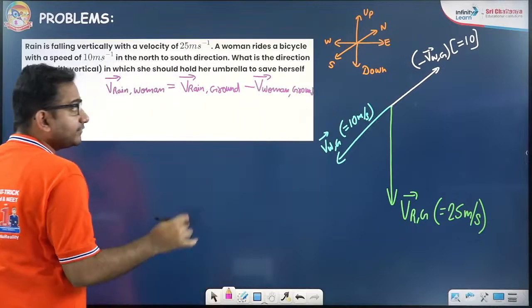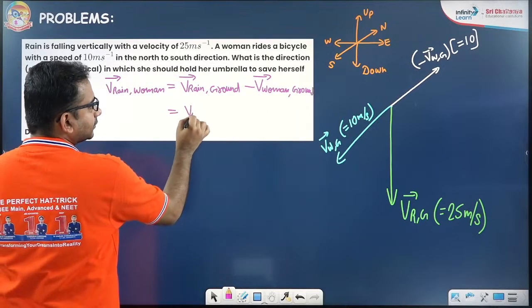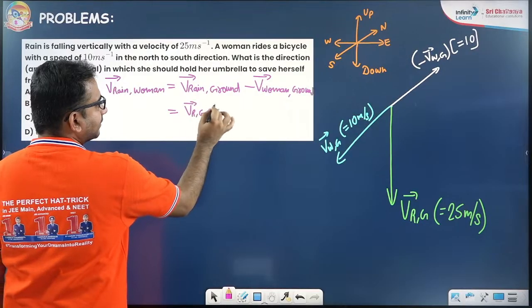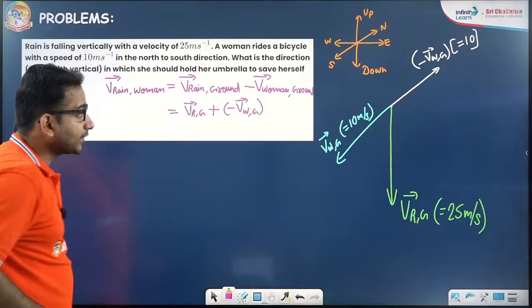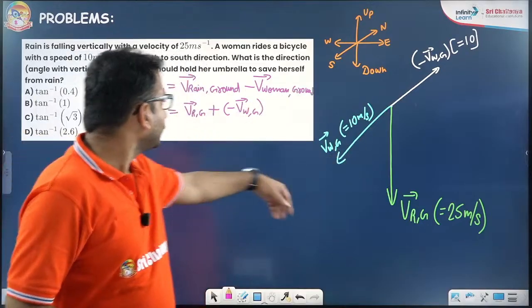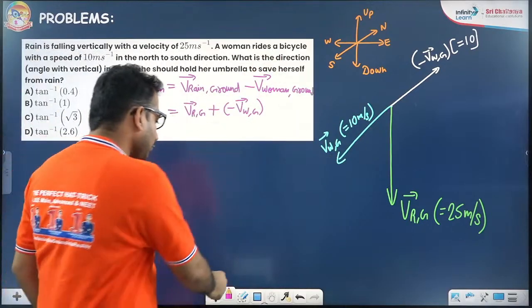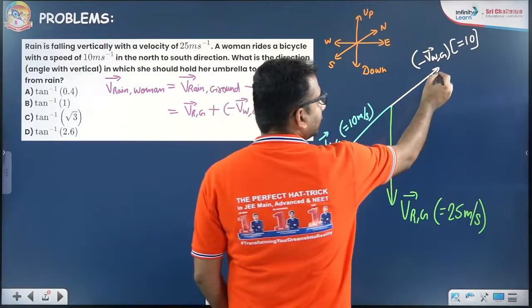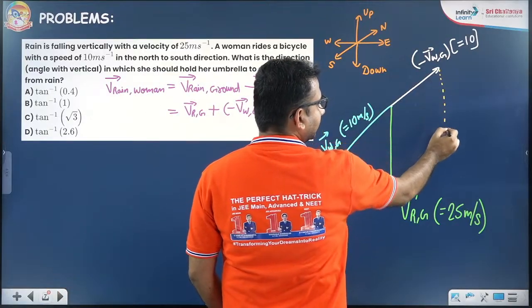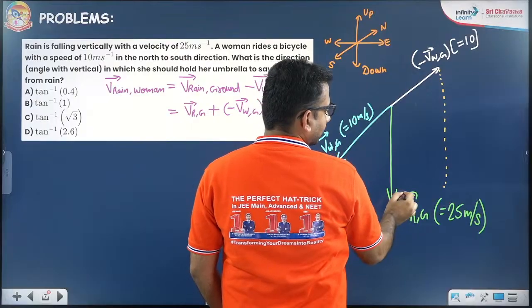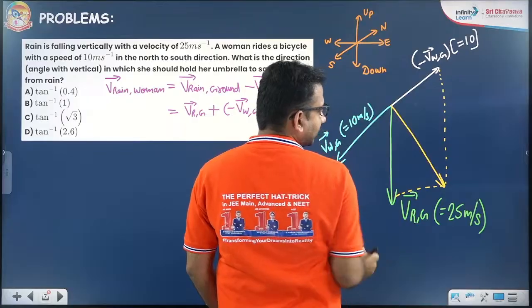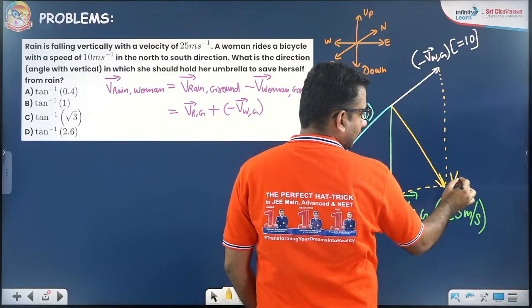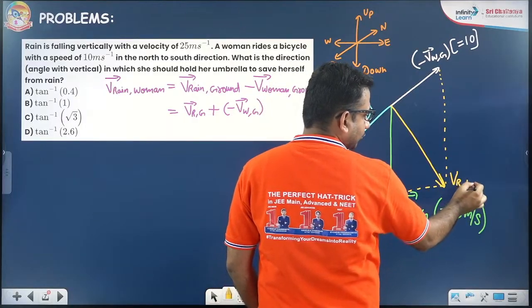And diagrammatically, we are always interested in vector addition. So this is VRG. Subtraction is nothing but negative addition, minus of VWG. So VRG vector is in front of you, minus VWG is there, and you are supposed to take its resultant. Like this, so this is going to be the resultant. This is velocity of rain with respect to woman.